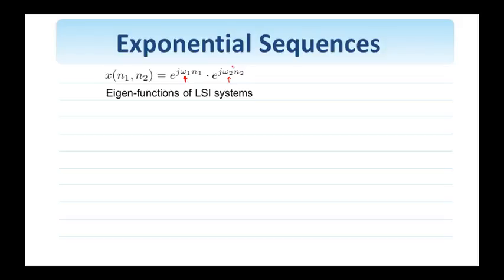Don't worry about the fine details at this point, we'll talk about it later, but what this means is that if I have an LSI system, that's a system that is both linear and spatially invariant, and put at its input a complex exponential like this one, e to the j omega 1 n1 plus j omega 2 n2, then the same complex exponential will appear at the output of the system.